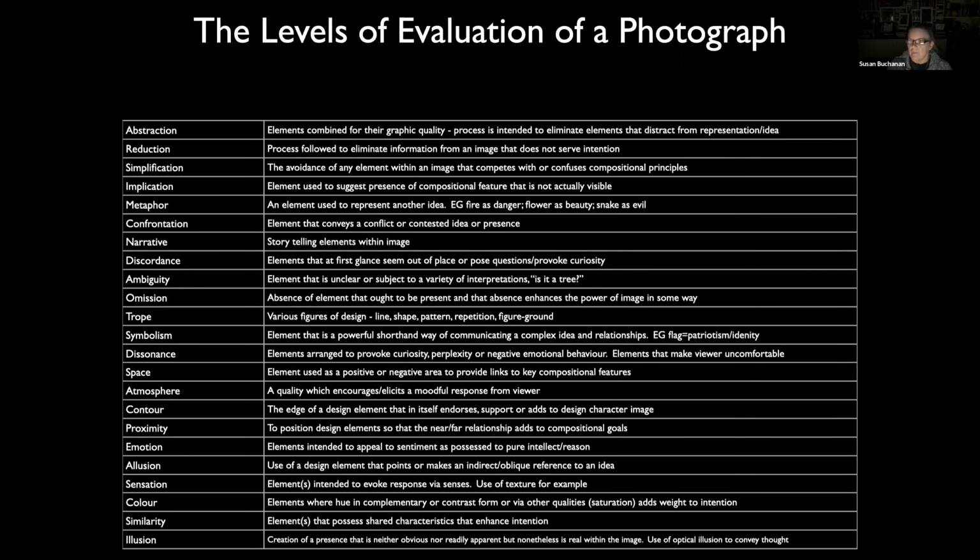Illusion. So this is where you're pretending one thing is something else. So here is an autumnal scene, which doesn't actually exist unless I have the body to reflect it.